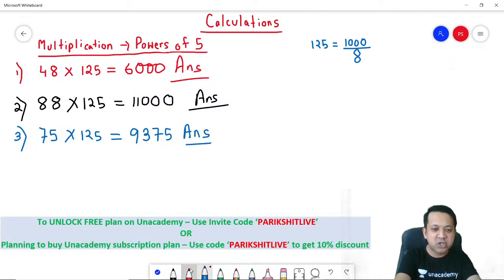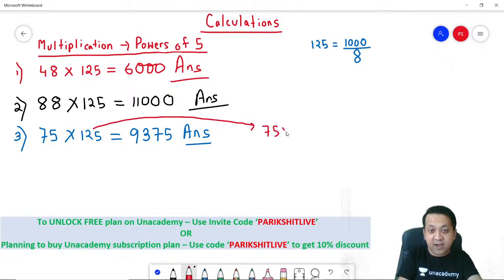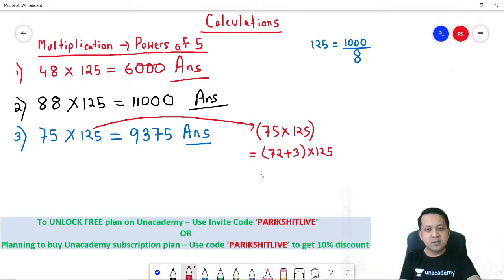Just in case you are wondering what is happening, you can visualize it like this. 75 into 125. You know what's happening? 75 is not divisible by 8. What will I do? I will say 75 is 72 plus 3 into 125. So let's start.